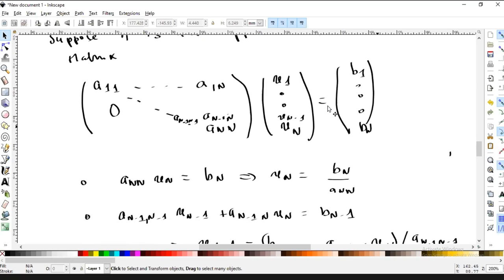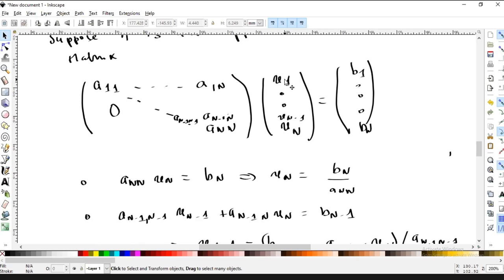Because you start with x1, if it's a lower triangular matrix, a11 x1 equals b1, and you determine that as an initial step. Then i will go from 2 till n, right?